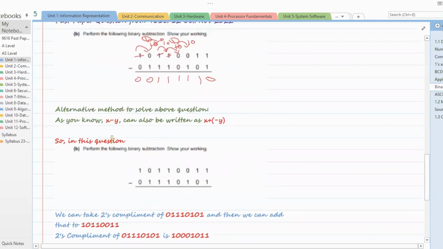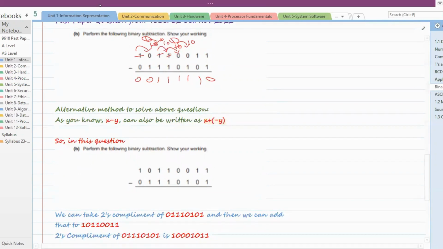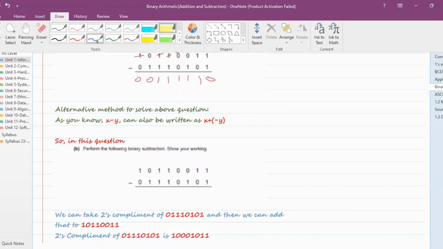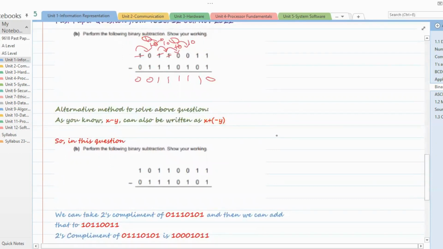Now, binary subtraction, we also know that if we write x minus y, we can also write it like this, x plus minus y. So for example, if I write 2 minus 1, I can also write it as 2 plus minus 1.